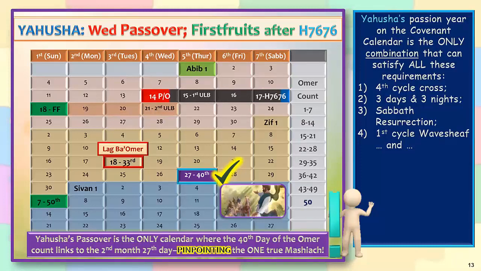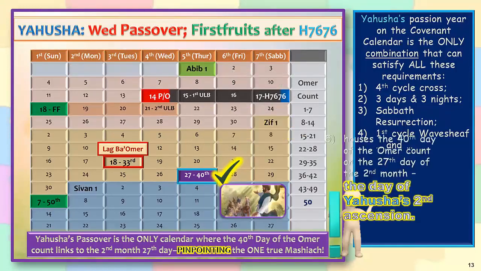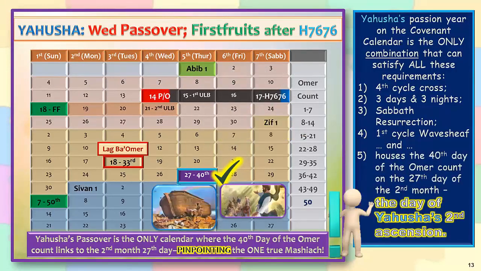And number three, the Sabbath resurrection, that relates directly to the dawn start of the day. Very, very revealing. And number four, the first cycle wave sheaf. And it houses the 40th day of the Omer count on the 27th day of the second month.